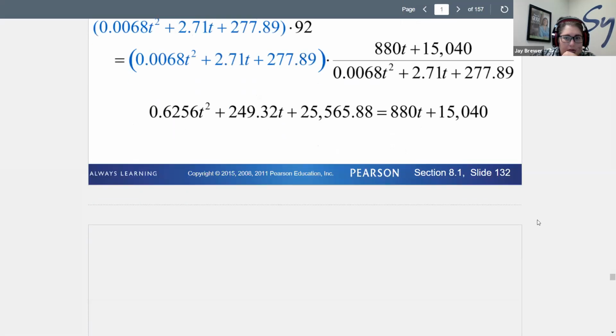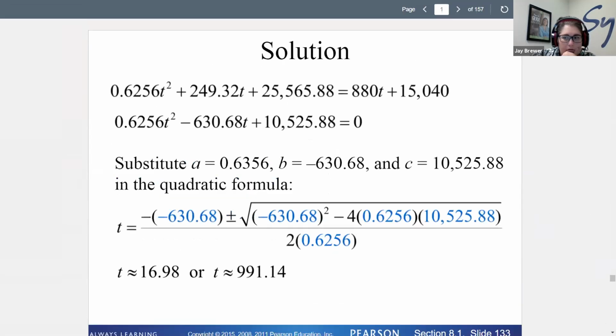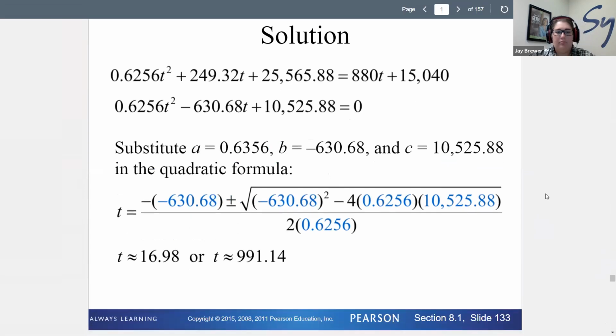Okay, you guys ready for the next one? This is a two-part solution slide. Use the same approach we did in number 20. They went through and they plugged in, they distributed, they multiplied by the LCD, and then they got down to where they plugged it into the quadratic formula.